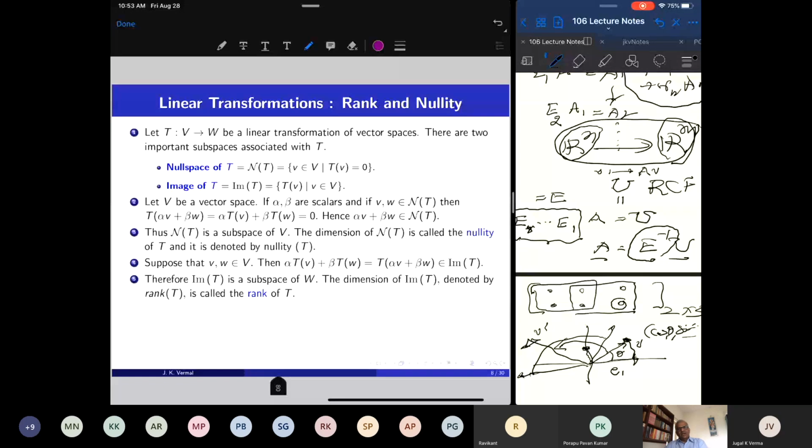The rank of a matrix was the dimension of the row space, but it was also the dimension of the column space. The column space coincides with the image of the linear transformation which is induced by the matrix. So the dimension of the image of a linear transformation is called the rank of T, and we have the nullity of T, which is the dimension of the null space.